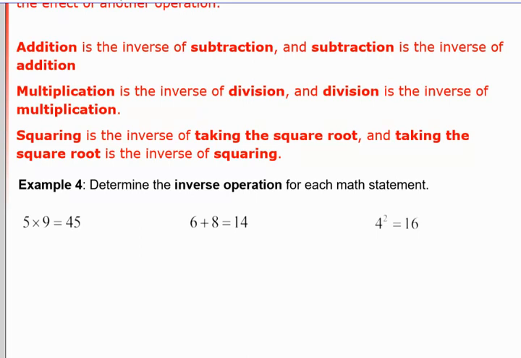All right. So what is the inverse of 5 times 9 is 45? Well, if we did multiplication here, we want to do division. So you kind of reverse it.